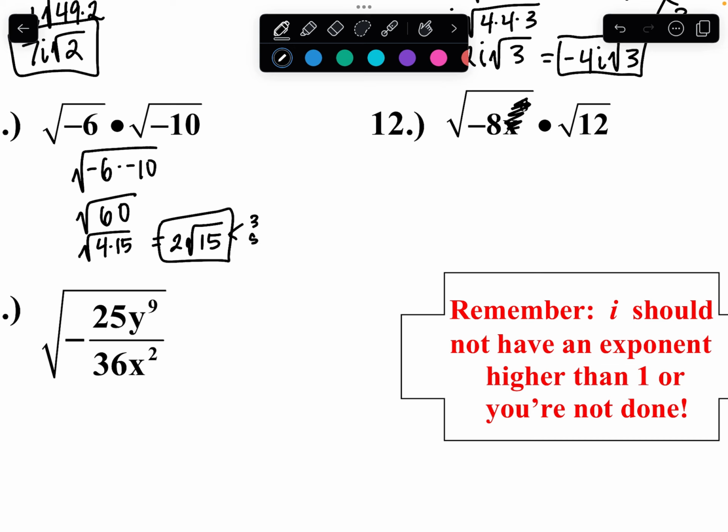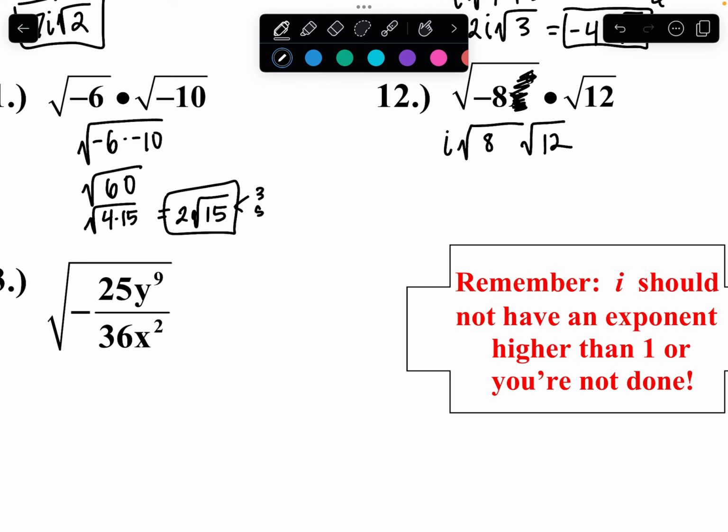Okay, here, ignore the x to the 8. And then I can rewrite square root of 8 with the i out times the square root of 12. And this time I'm not going to combine them just because it's easy for me to break 8 apart. And so 4 times 2, and it's easy to break 12 apart, 4 times 3. And so I can take a 2 out of the first radical and leave a 2 behind.